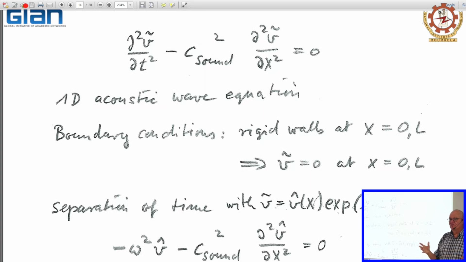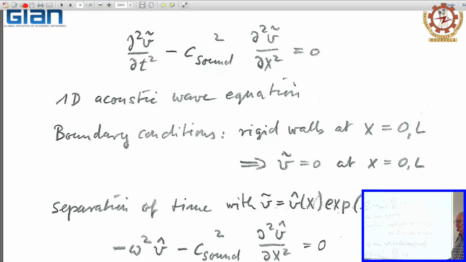This was also true for our stellar system, because all the coefficients were dependent on the background model, and the background model is time independent. So all the coefficients are independent of time, and that's the reason why we can separate out the time dependence here. Okay, so we did everything in analogy to our stellar pulsations: time separation, boundary conditions distributed between the two boundaries.